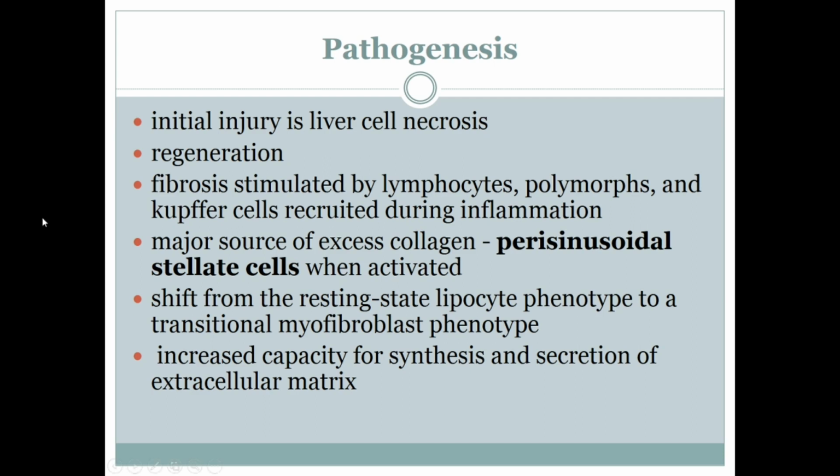Okay, and there is increased capacity for synthesis and secretion of extracellular matrix. Mainly the extracellular matrix is the one we need for architecture, but if there is excess of it, it just forms fibrotic bands. And that is what happens in cirrhosis because of inflammation. All cytokines are produced from the inflammatory cells, and the stellate cells are the ones which produce excess collagen.